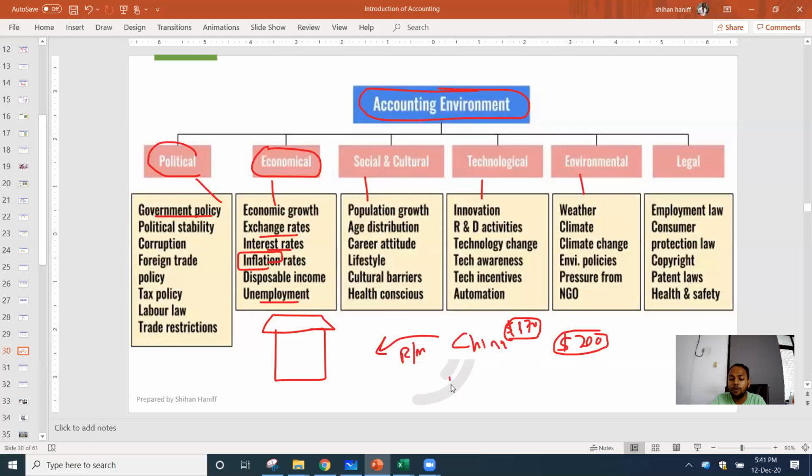Let's say you are importing $1 million worth of raw materials. Now you have to pay a huge amount extra because of the exchange rate. So how are you going to cover up that additional cost?